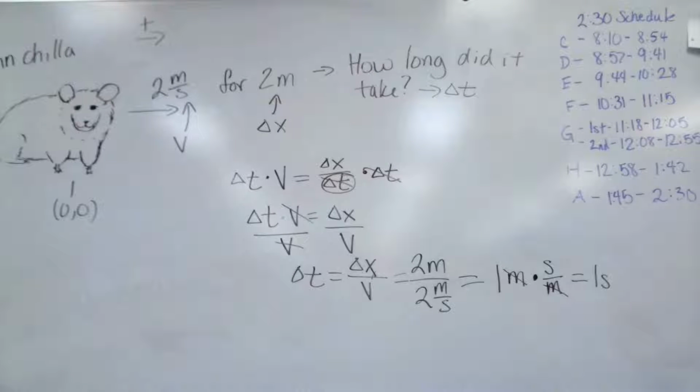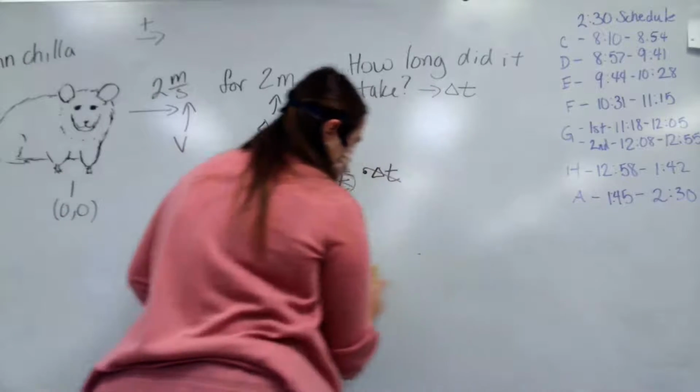Good? So those are our 3 forms of this equation. One thing I do want to make clear, these are still the same equation. We've just moved the variables around. Okay? All right. So let's do stuff with our acceleration one.